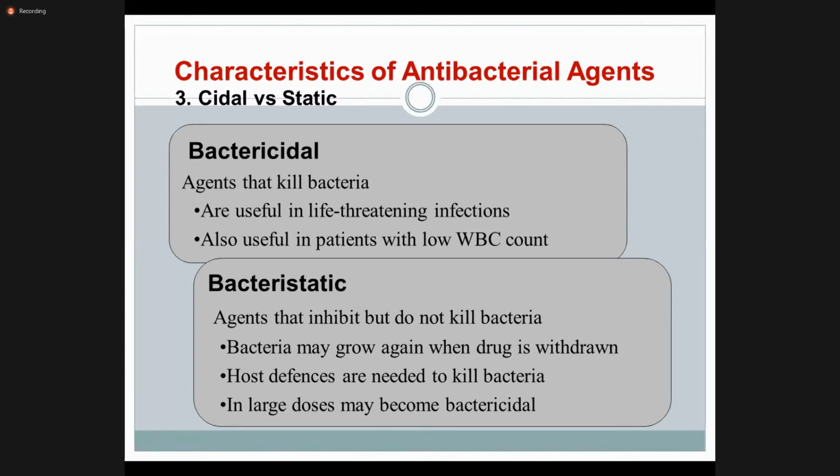right? So one important point: everyone has microorganisms in their body, but not everyone is going to develop infection. You know why?